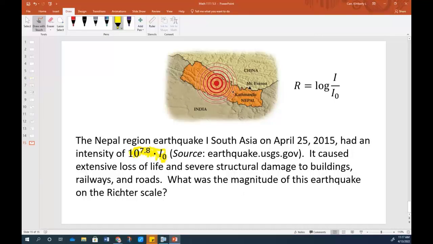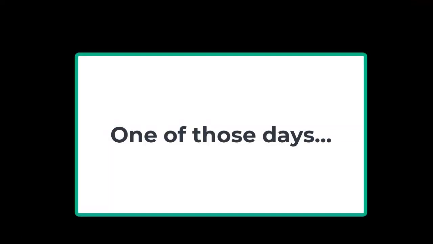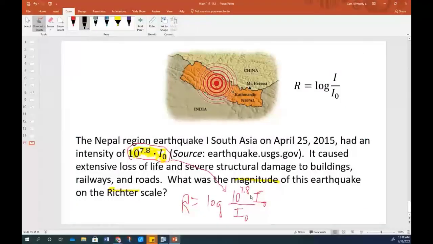And then it asked us, what's the magnitude on the Richter scale, which really means that we need to find R. Well, R is equal to log of the intensity over I sub O. So this intensity, I need to substitute right here and say it is 10 to the 7.8 times I sub O. But then the I sub O's divide out. So I have log of 10 to the 7.8.